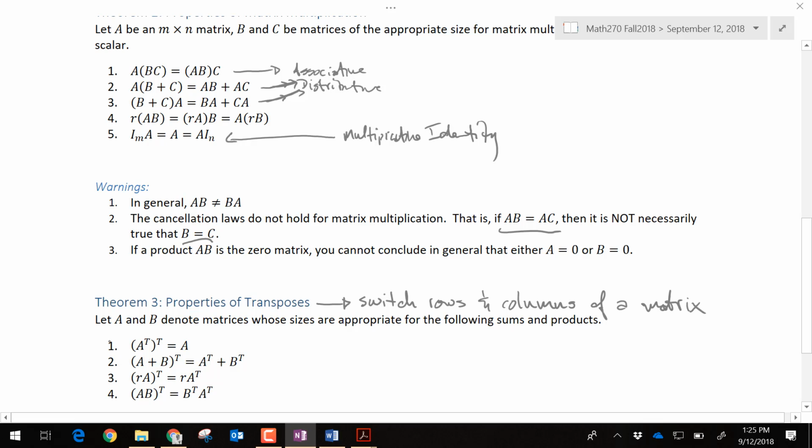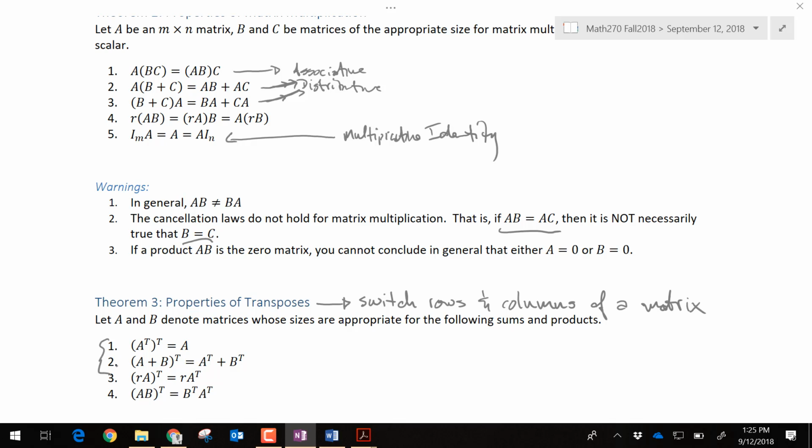So these 3 are fairly easy to visualize and understand, I think. But the last one is a little trickier. When you multiply 2 matrices and take the transpose of that, it's like multiplying the transposes of the matrices in reverse order. And remember that because it's not commutative, the order is important.